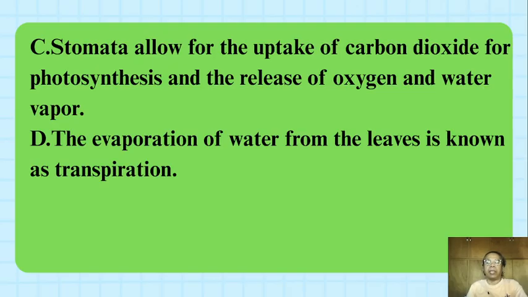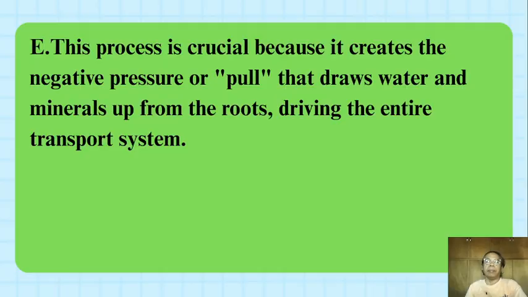The evaporation of water from the leaves is known as transpiration. This process is crucial because it creates the negative pressure or pull that draws water and minerals up from the roots, driving the entire transport system.